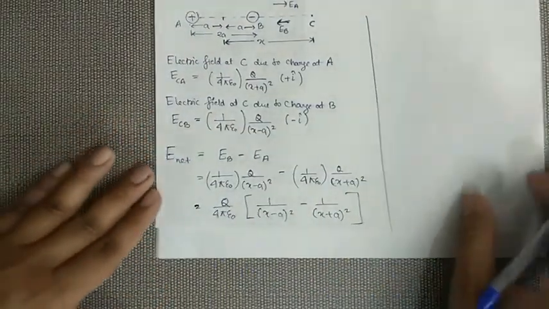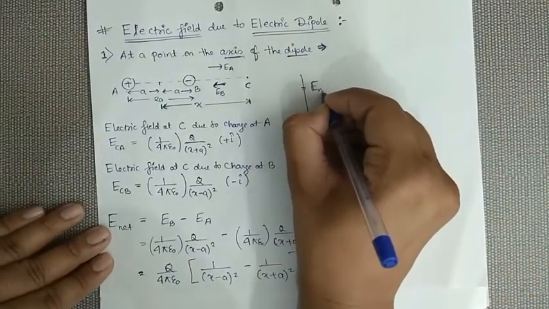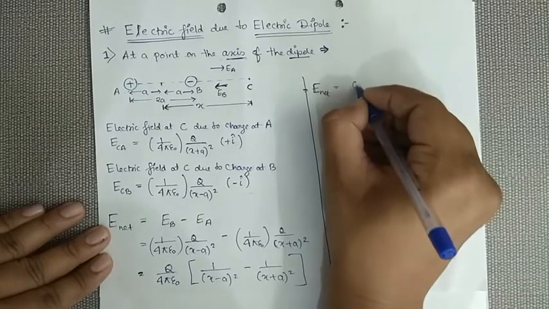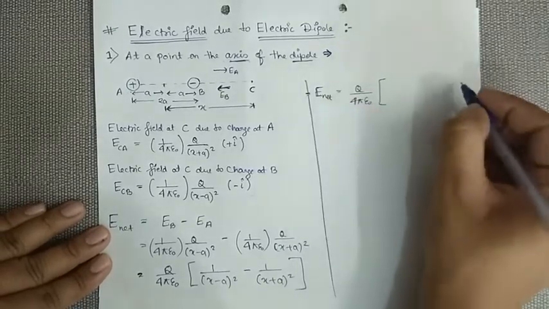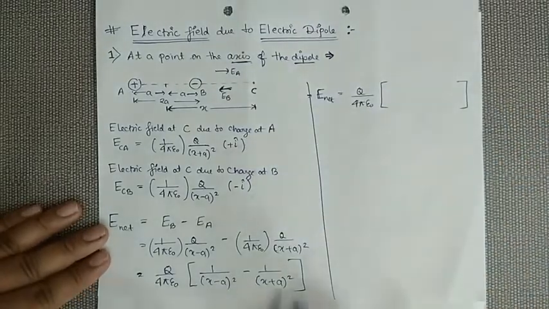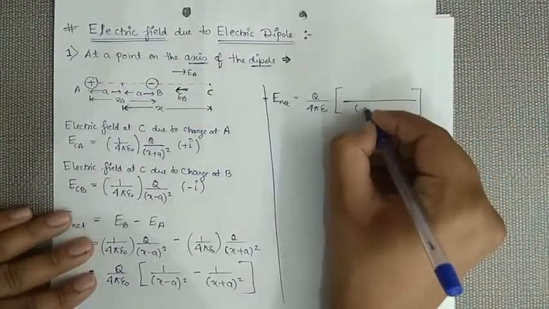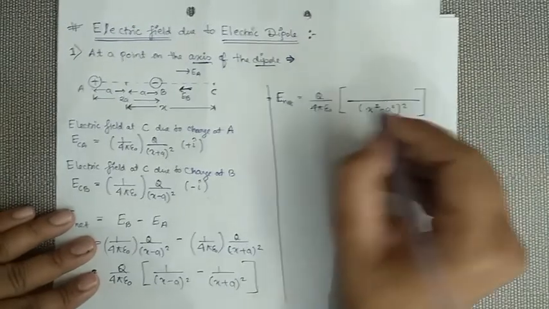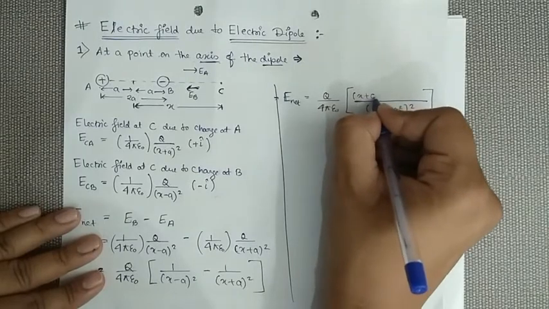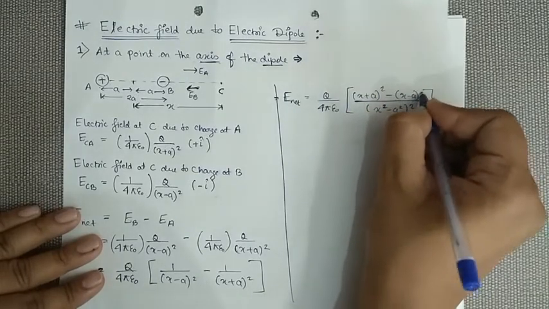Let's move through some more mathematical steps. On further simplifying this bracket by taking the LCM, you will obtain x square minus a square whole square in the denominator, and in the numerator you will obtain x plus a whole square minus x minus a whole square.